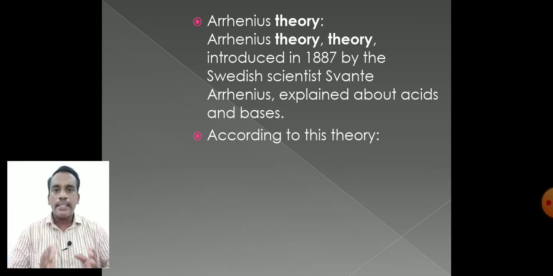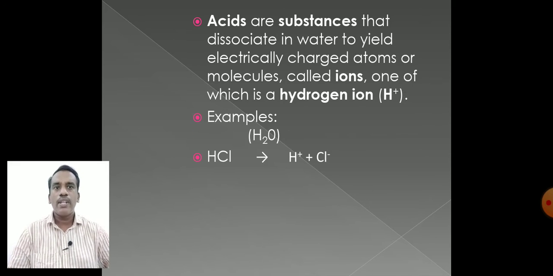Acids are substances that dissociate into ions to produce H plus ions. According to the Arrhenius theory, acids are substances that dissociate in water to yield H plus ions.